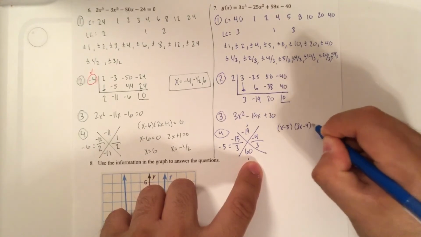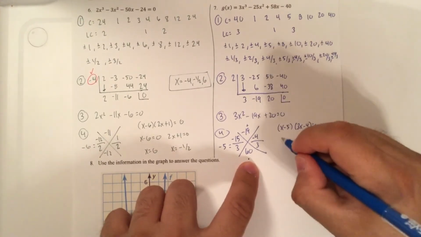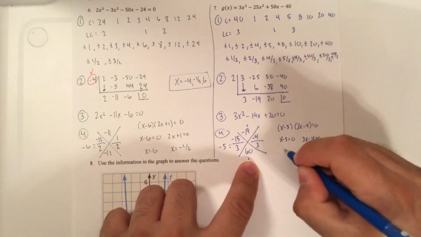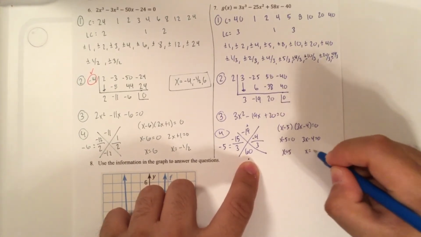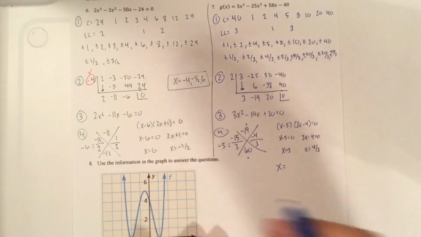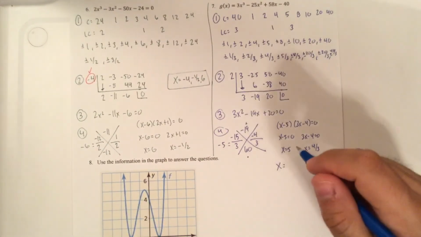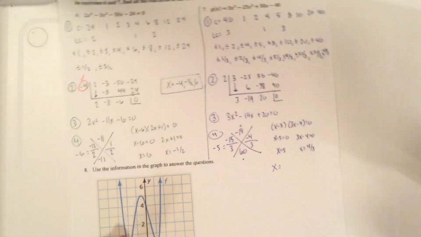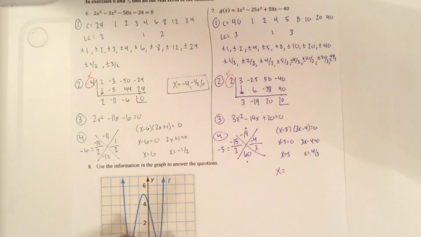Let's go ahead and set that equal to 0. Now set each factor equal to 0. So x is equal to 5, and x is equal to 4/3. And I'm just going to write my solutions here because I don't have enough room up there, I don't think. So x equals, let's see, my first one. Ooh, see, I almost forgot there. 2 is my first solution.